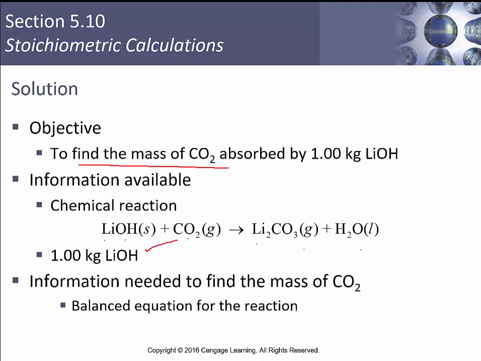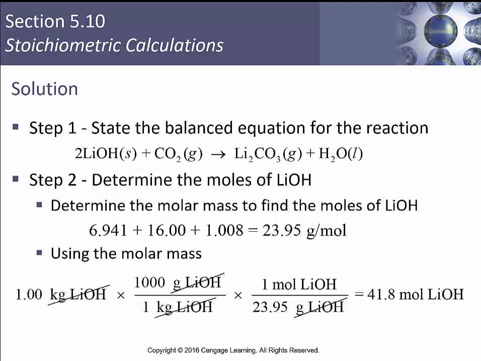We need the balanced chemical equation for the reaction, and then we're going to need to convert our 1 kilogram of lithium hydroxide into moles of lithium hydroxide. So step 0, balanced chemical equation: 2 lithium hydroxides plus a carbon dioxide is going to give us lithium 2, because we've got 2 lithiums, carbonate, and because this carbonate polyatomic ion is going to have a -2 charge, and we're going to form some water.